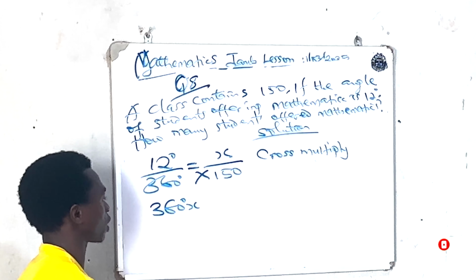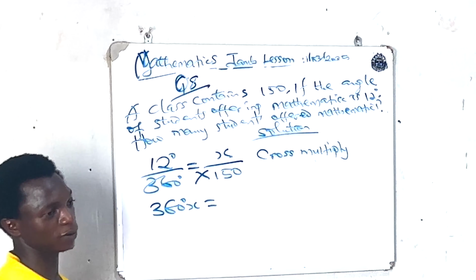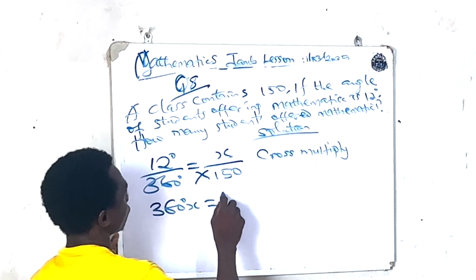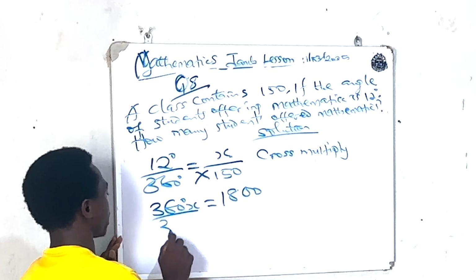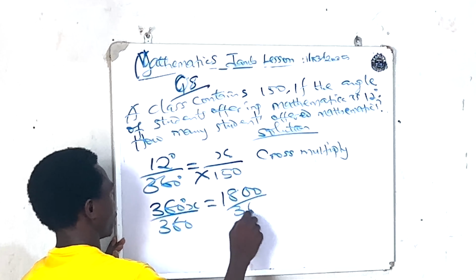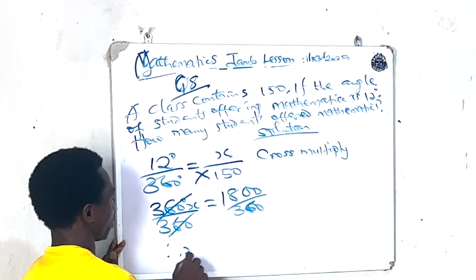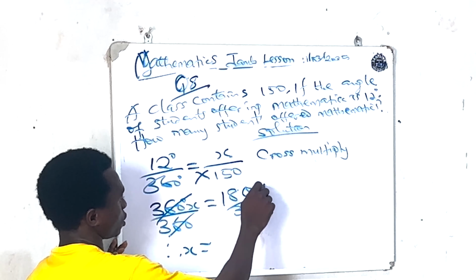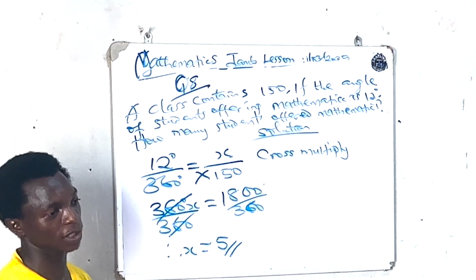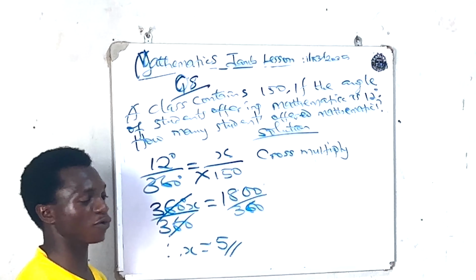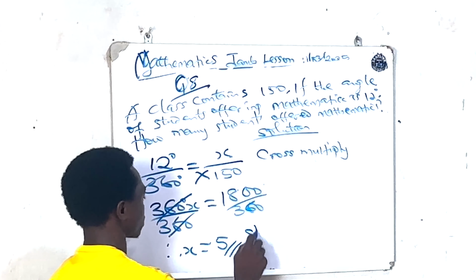Next, 12 times 150 will give us 1,800, divided by 360. 360 cancels 360, and x is equal to 5. And we said x stands for the number of students that offer mathematics. So how many students offer mathematics in that class? 5 students offer mathematics.